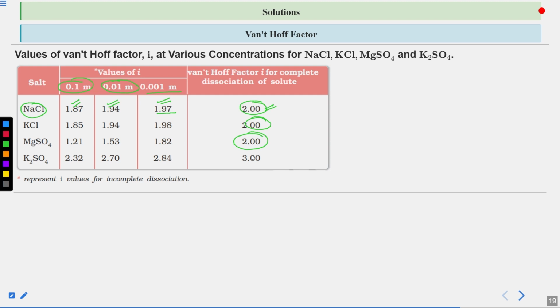So this i is your van't Hoff factor, and it is simply the number of particles into which your substance is dissociating. But if you take a higher concentration, then you will see much more deviation. So it is 2.32, an approximate difference of 1.7.